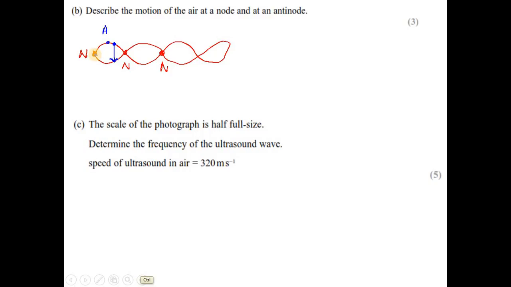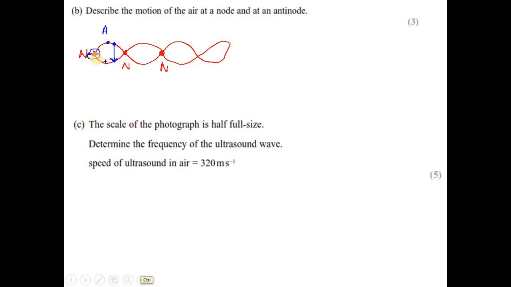But at node there is no oscillation at all. So the air particles at node are not oscillating or at rest, while particles at antinode are oscillating with maximum amplitude.